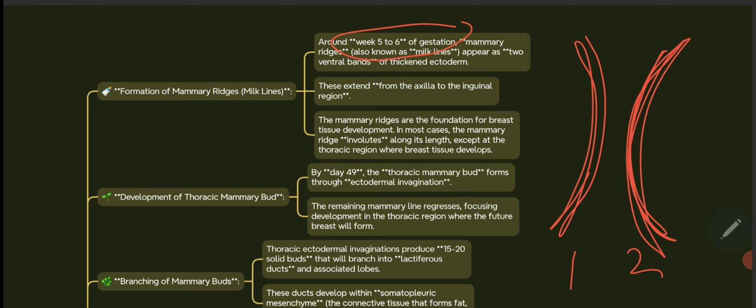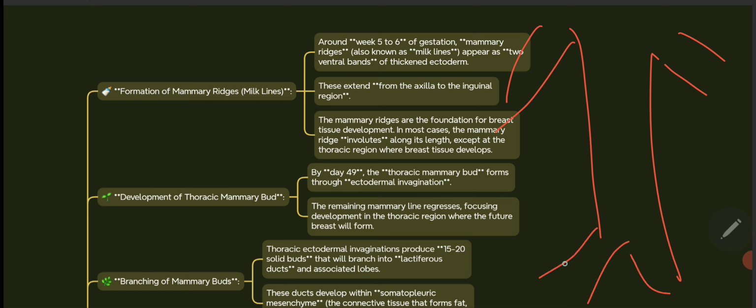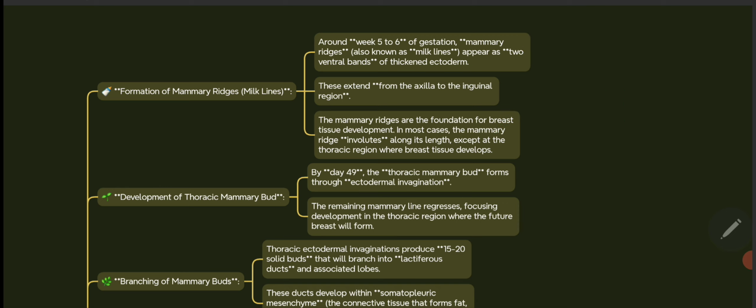These extend from the axilla to the inguinal region. The mammary ridges are the foundation of breast tissue development. In most cases, the mammary ridge involutes along its length, except at the thoracic region where the breast tissue develops.